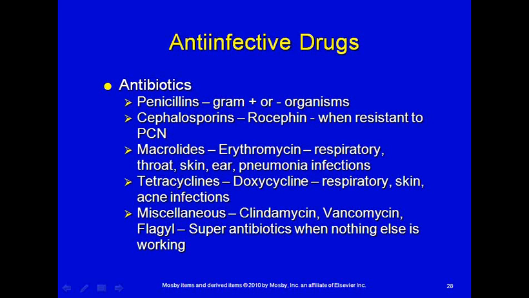When patients were resistant to penicillin or allergic to penicillin, they would give them the cephalosporins. The macrolides include erythromycin, an important antibiotic for respiratory infections, infections of the throat, skin infections, pneumonia, and infections of the ear. Erythromycin works well for those.